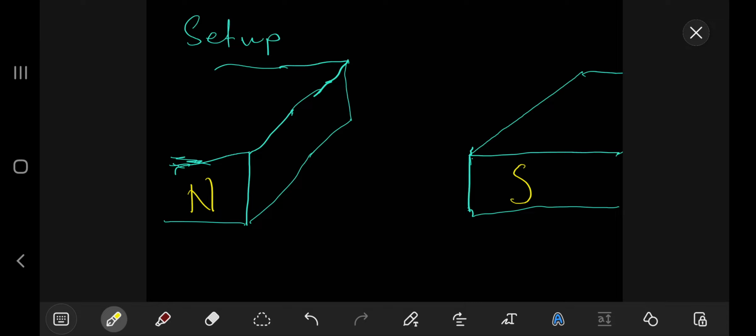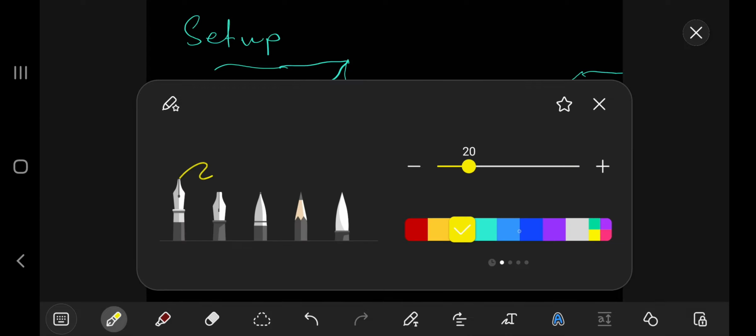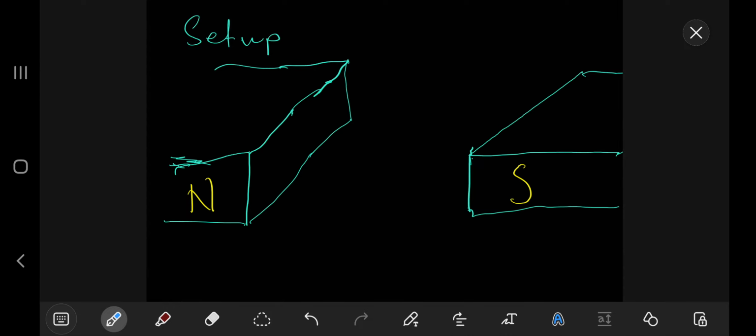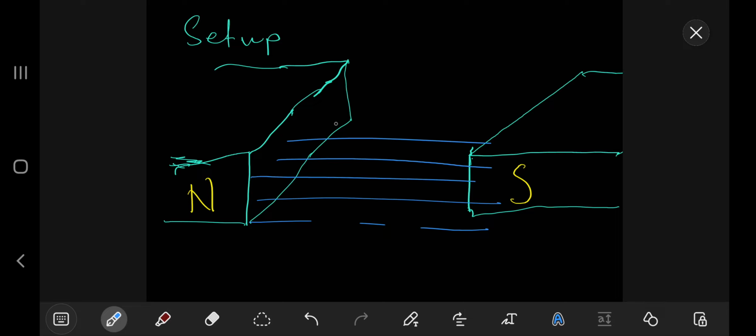Right? So if we use these two magnets, which are the north and the south, in between these magnets there is what we call a magnetic field.